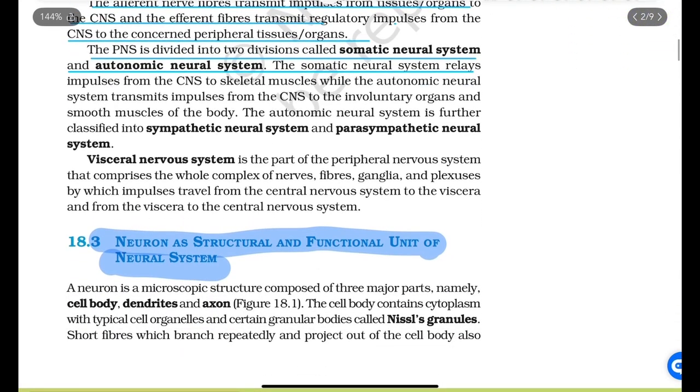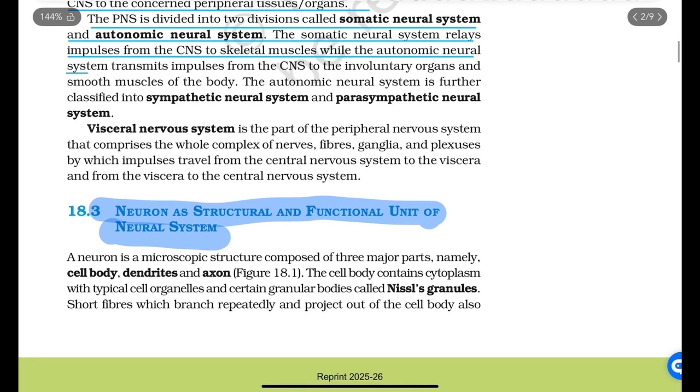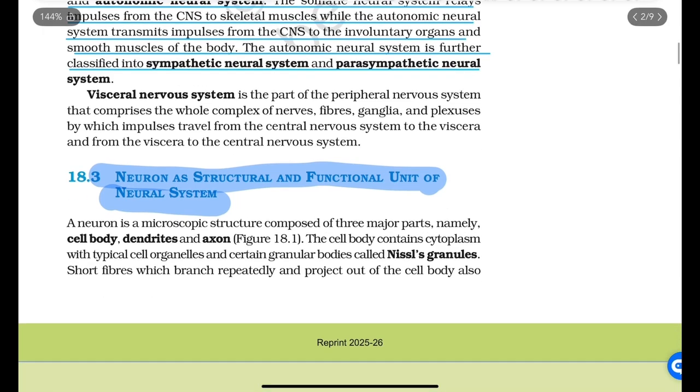The somatic neural system relays impulses from the CNS to skeletal muscle, while the autonomic neural system transmits impulses from the CNS to the involuntary organs and smooth muscles of the body. The autonomic neural system is further classified into sympathetic neural system and parasympathetic neural system.